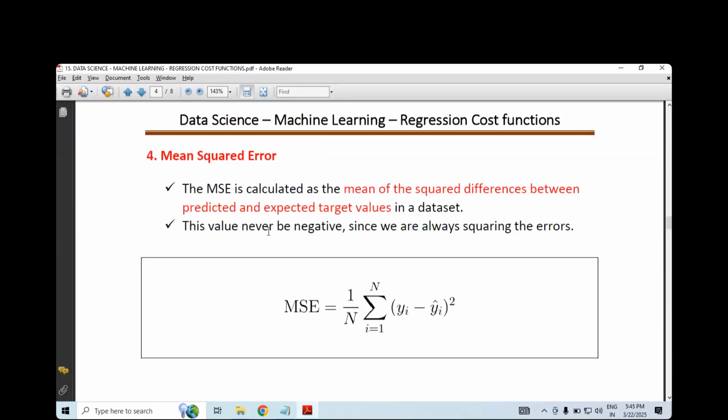The MSE is calculated as the mean of the squared difference between the predicted and expected output. Daniel, is the formula important? No, not much important, but let me tell you where it will be helpful. Mean of the squared difference between predicted value and actual value.